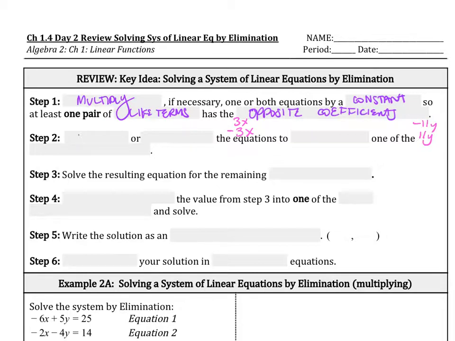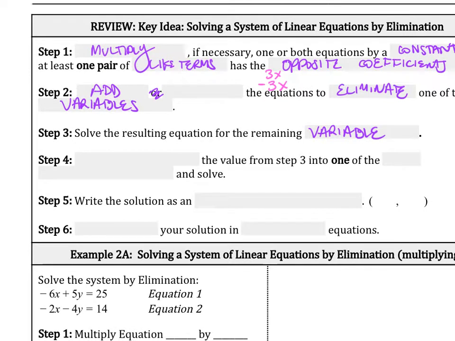Step 2, you're going to add, erase the subtract, just add the equations to eliminate one of the variables. Step 3, you're going to solve the resulting equation for the remaining variable. Step 4, you'll substitute the value that you found.